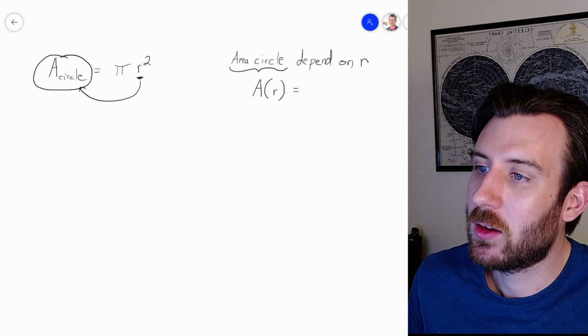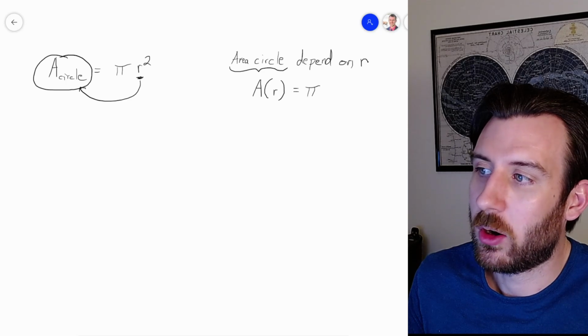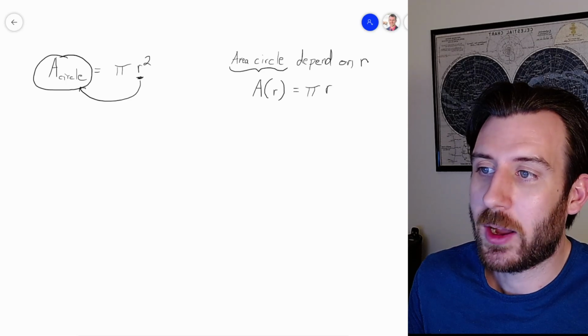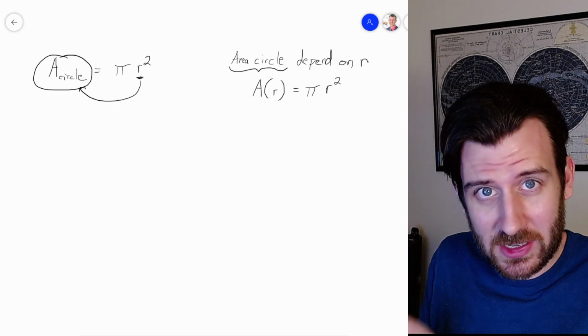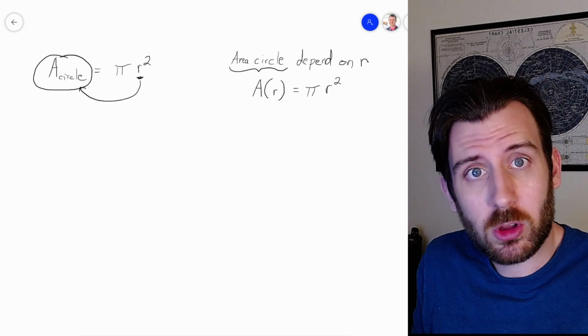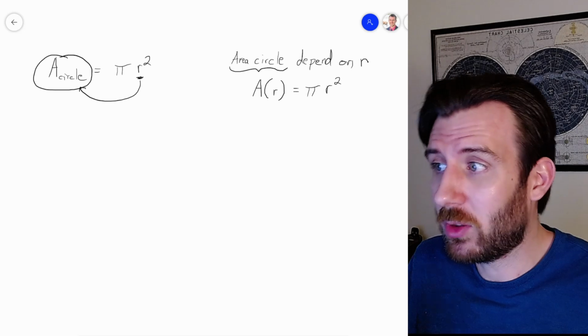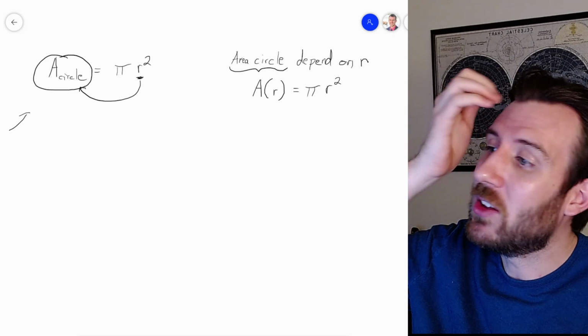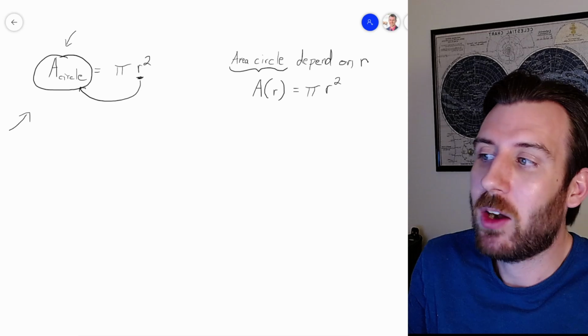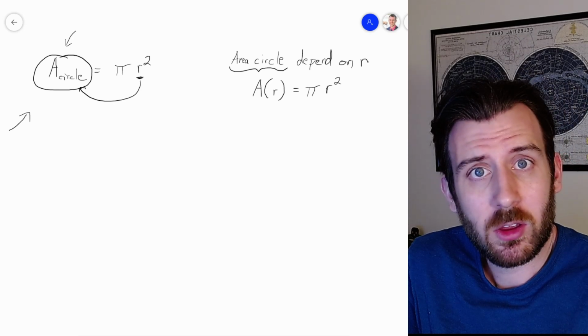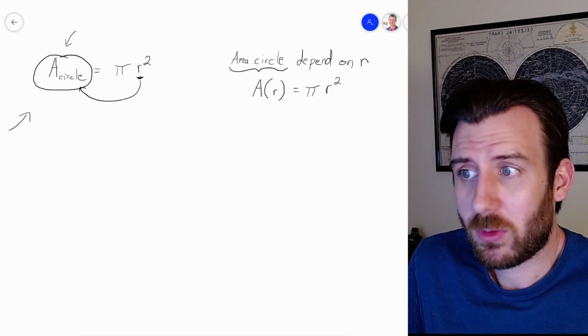So if we write instead A with parentheses, r inside, equals pi r squared, we have a slightly different story. And I know it looks exactly the same, but again, it's not about how things look, it's about the meaning behind the model of logic. What this says is that you have this A number, the area, which is the size of the circle given a certain radius.